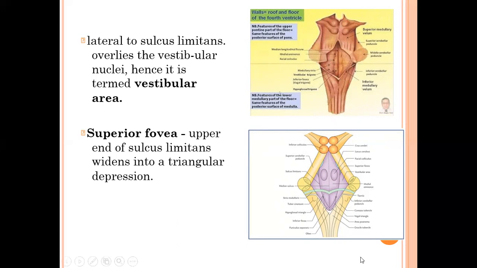The upper end of the sulcus limitans widens into a triangular depression called the superior fovea.